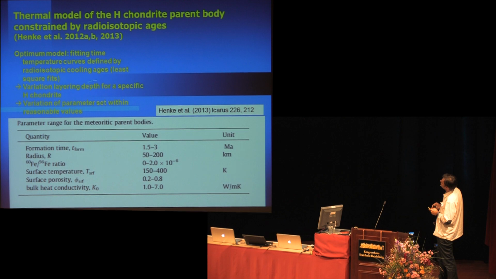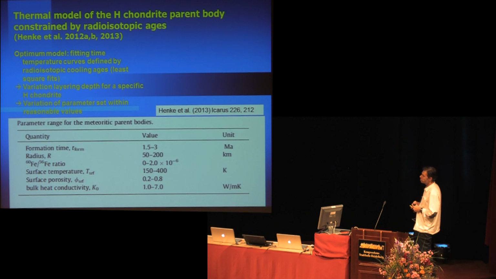You can vary the layering depths for a specific age chondrite and can have a variation of these sets of parameters within reasonable values. So we have a large number of free parameters: formation time, the radius of the planetesimal, the initial iron-60 ratio, the surface temperature, which is initially dominated by the surrounding disk, then by solar radiation, the surface porosity, which corresponds to the initial porosity of the material, and the bulk heat conductivity can also be treated as a free parameter.